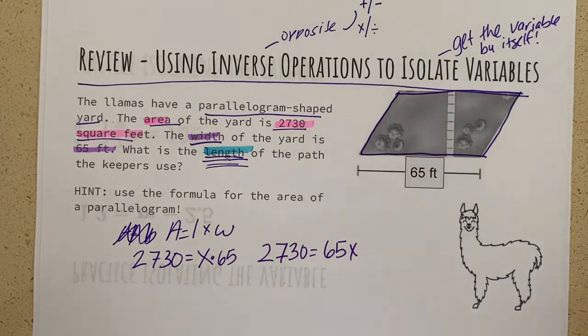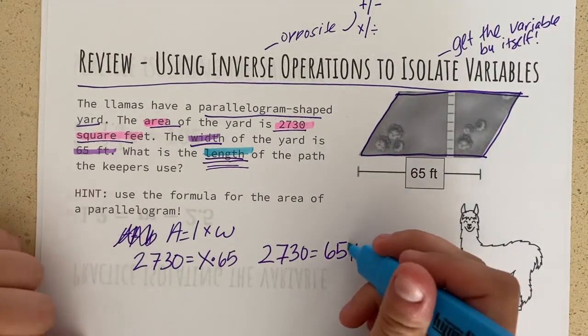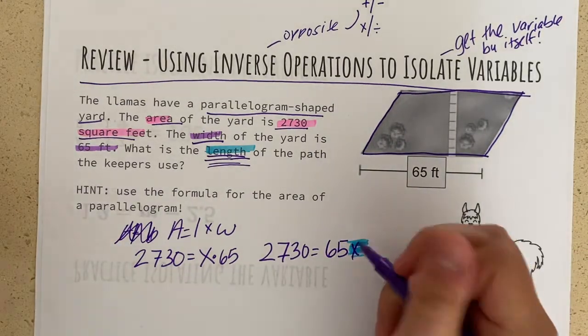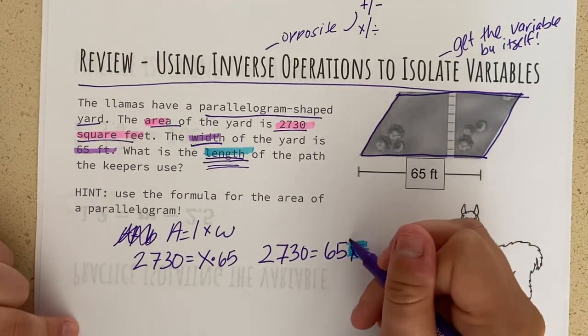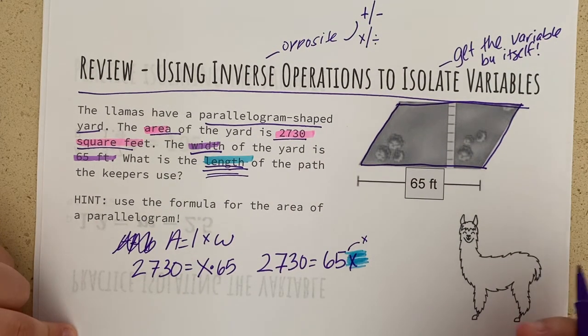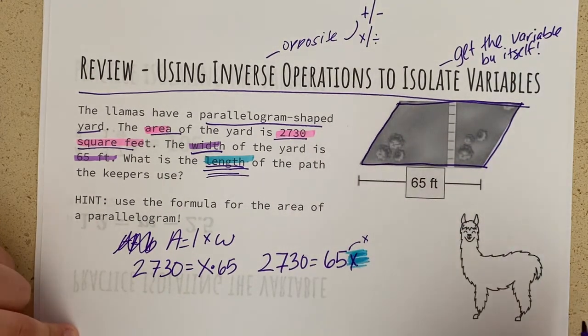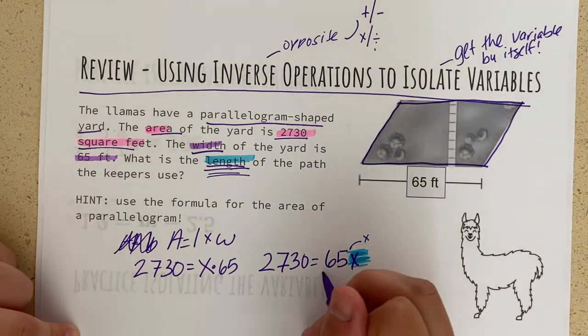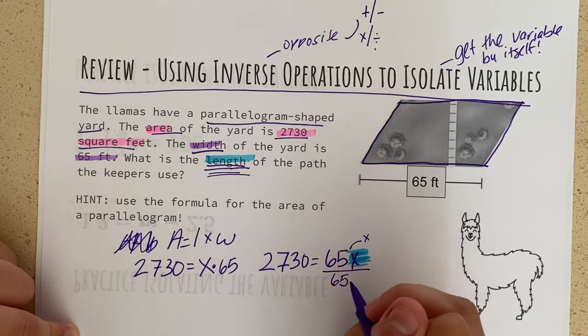Now we need to isolate our variable, which means I want to get this x all by itself. I know that when I have a number and a variable next to each other, that means multiplication. But to isolate the variable, I need to do the inverse or the opposite of multiplication, which, if I look back up here, is division. So I'm gonna have to divide by 65.